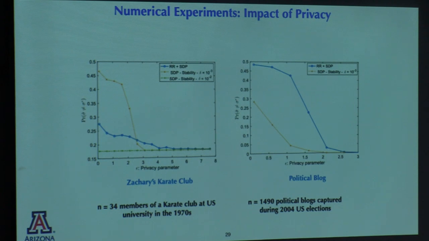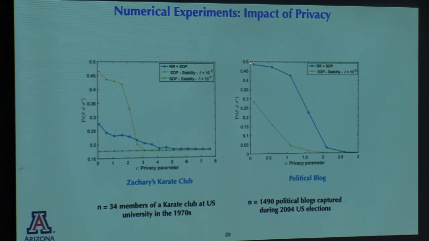Let me pick this one, the political blogs data set. The x-axis is the privacy budget, so as epsilon grows, we are allowed to leak more. The y-axis is the probability that sigma hat is not equal to sigma, so this error goes down as epsilon grows. Randomized response starts pretty high. We did randomized response and then SDP community recovery on top of it.